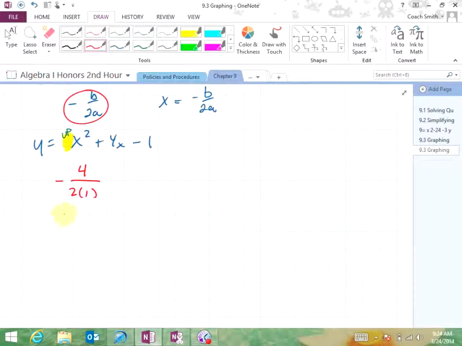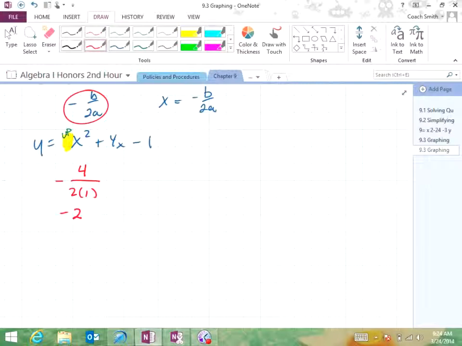And so that gives me negative 2. Okay? So that is your vertex. So we want to go on either side of that. All right, but we got to figure out what the actual vertex point is.